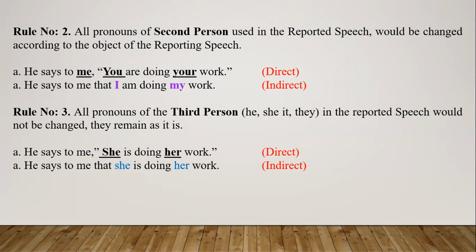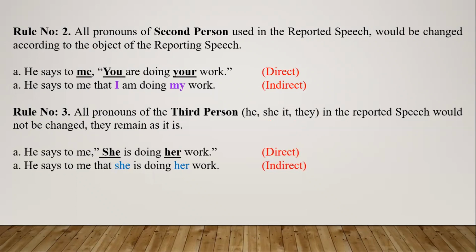He says to me that, remove the comma and place the conjunction that over there, and you is our subject, and we have to change you with me, and me is basically an object. So we cannot place an object in place of a subject. You is acting as a subject.